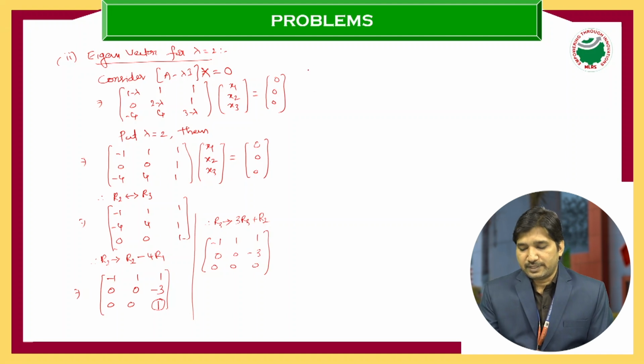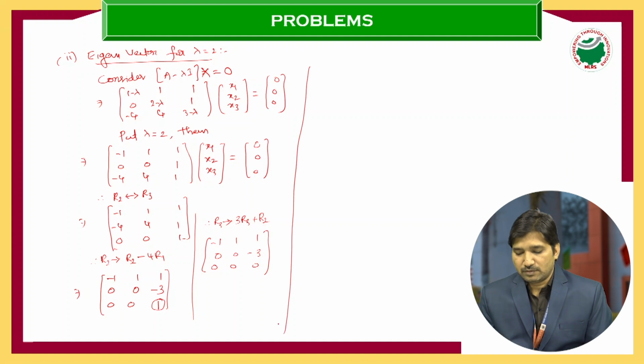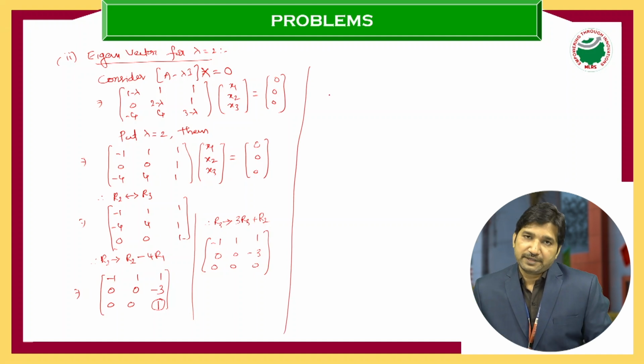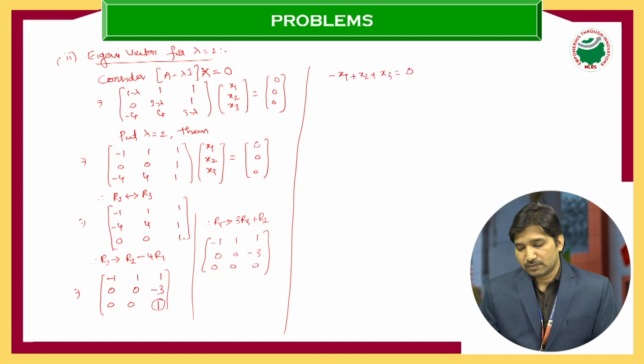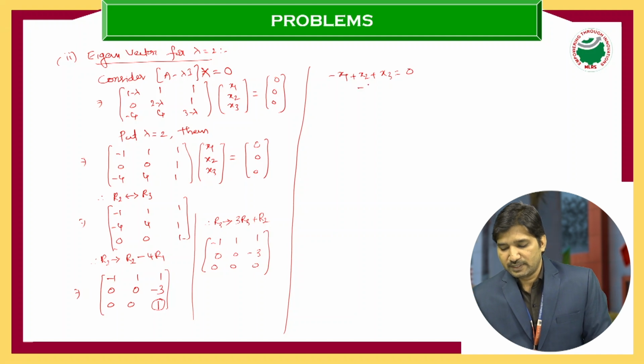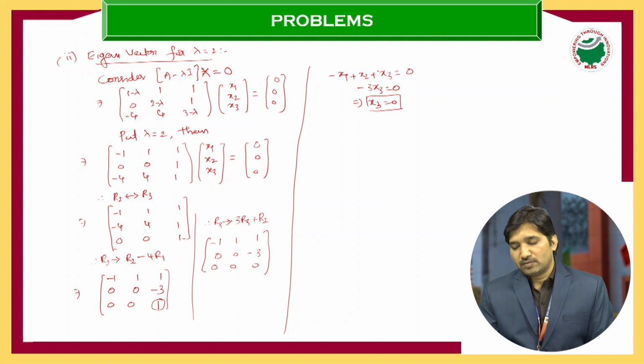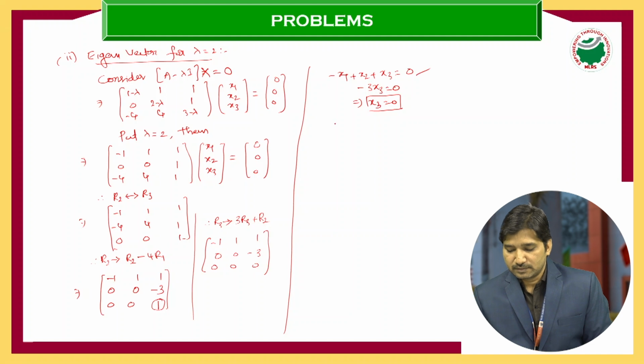So we can write the equations of this matrix: minus x1 plus x2 plus x3 equal to 0, and the second one, minus 3x3 equal to 0. That implies x3 equal to 0. Substituting into the first equation, minus x1 plus x2 equal to 0.